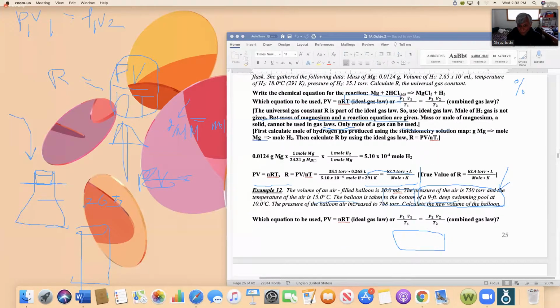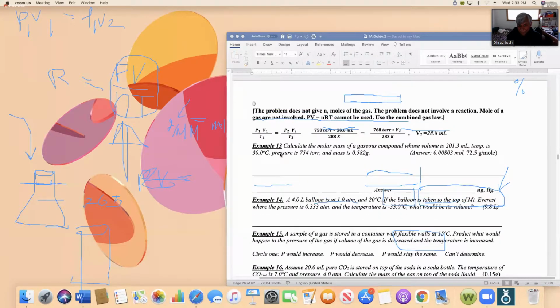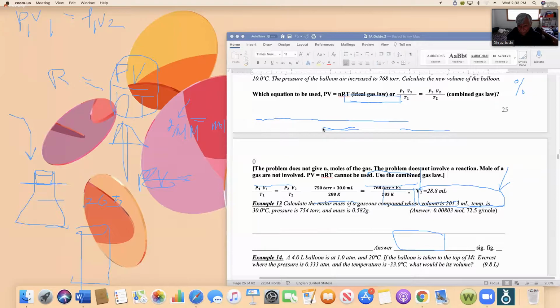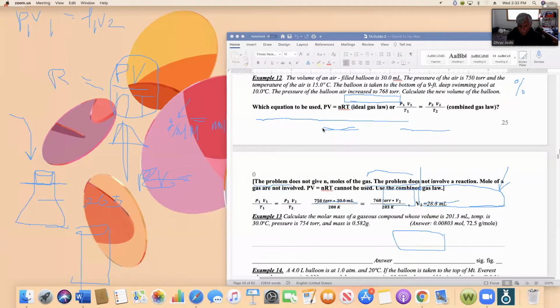Okay, example 11. Example 12. The volume of an air-filled balloon is 30 milliliters. The pressure of the air is 750 torr, and the temperature of the air is 15 degrees Celsius.